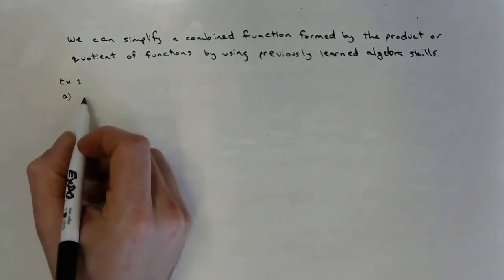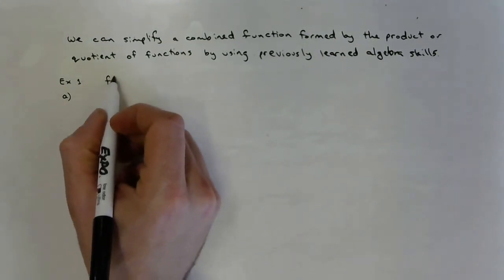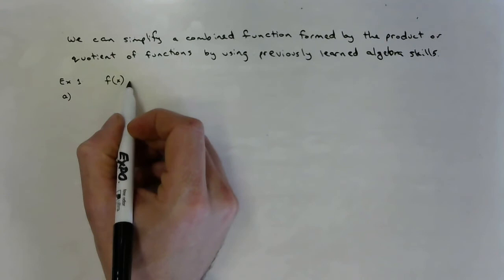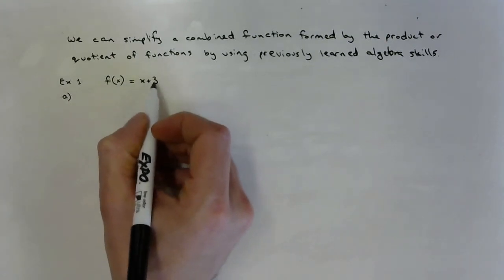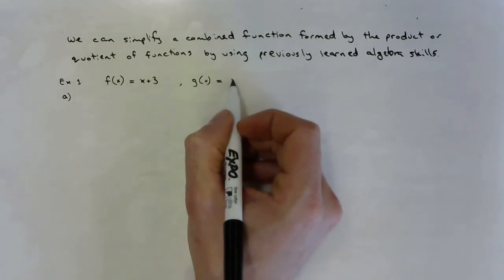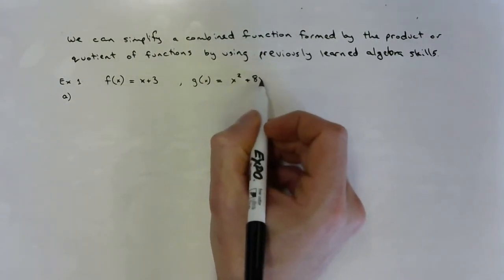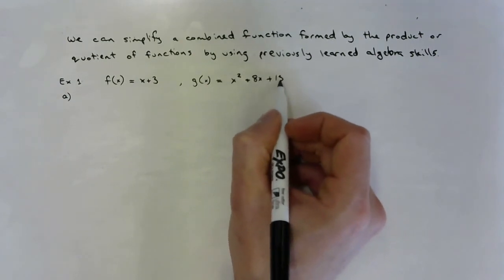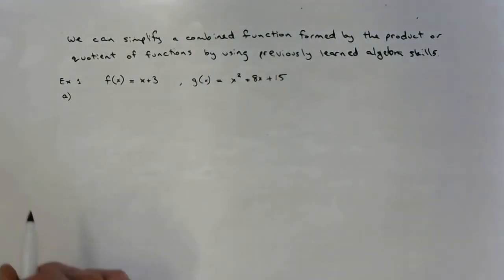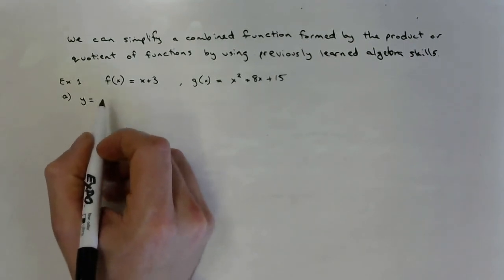And example 1a says, for the whole example, I'll just type out what f of x is. F of x is x plus 3, and g of x is x squared plus 8x plus 15. So those are our two functions, and in A, we're going to create the product of these two functions.